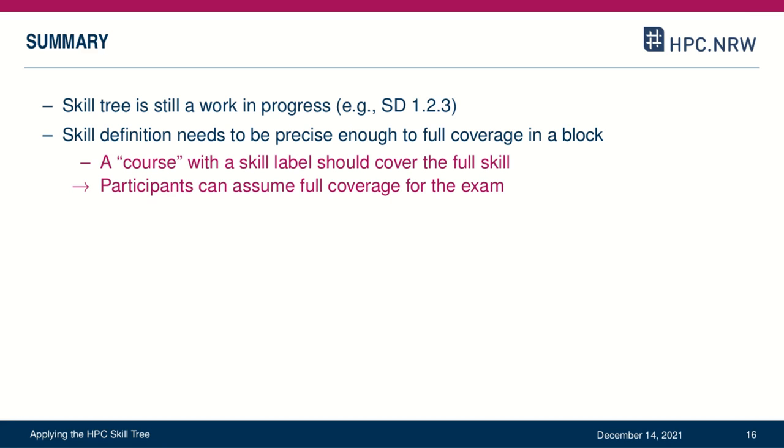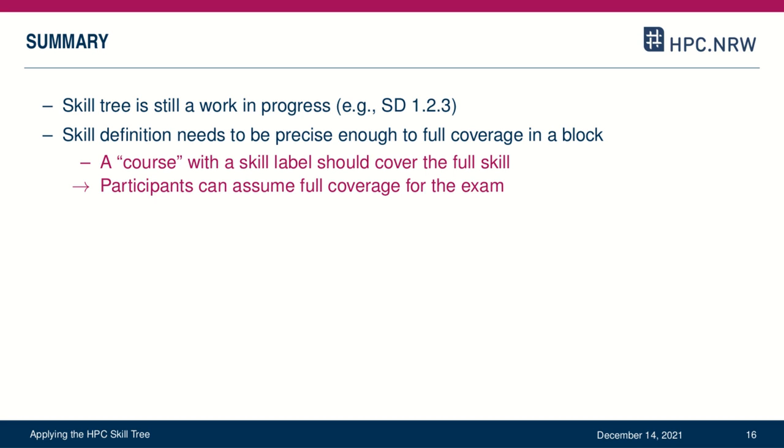So as a summary, the current skill tree is still a work in progress, needs extending, and my proposal of how to extend that is what I've presented here. What I struggled with the most is that the skill definition needs to be precise enough to have full coverage of a block.